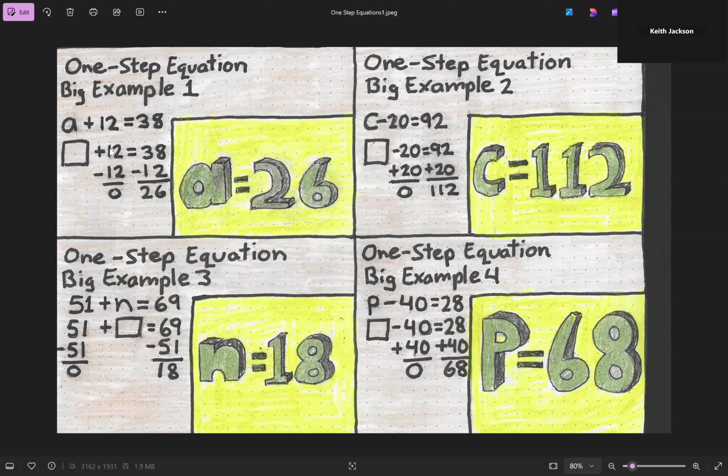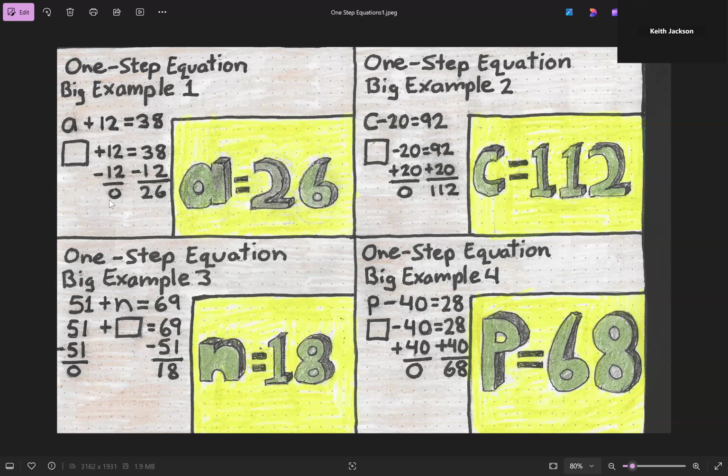And let's say it like this. What number is hiding behind box A that when we add 12 to it will give us 38? Believe it or not, we're going to have to perform the opposite operation of addition in order to find out what that number is. And so we're going to subtract 12 from both sides. 12 minus 12 will give us 0, while 38 minus 12 will give us 26.